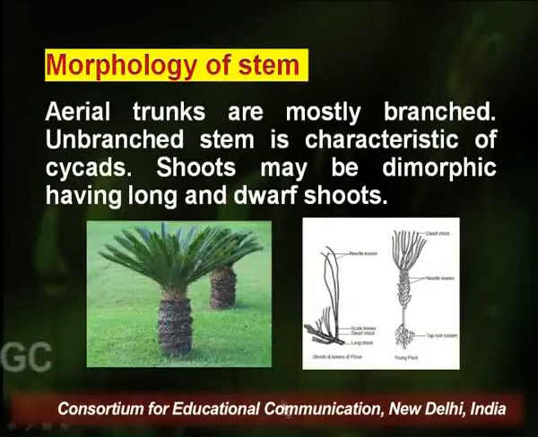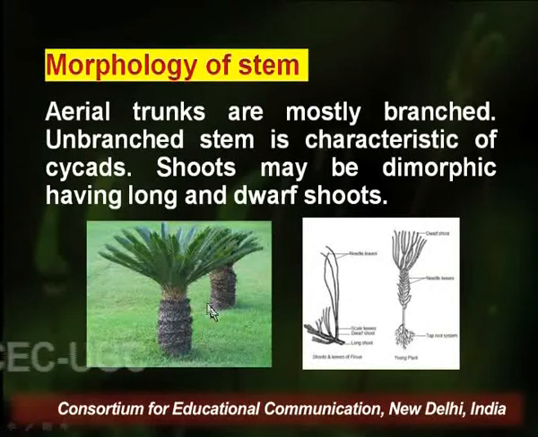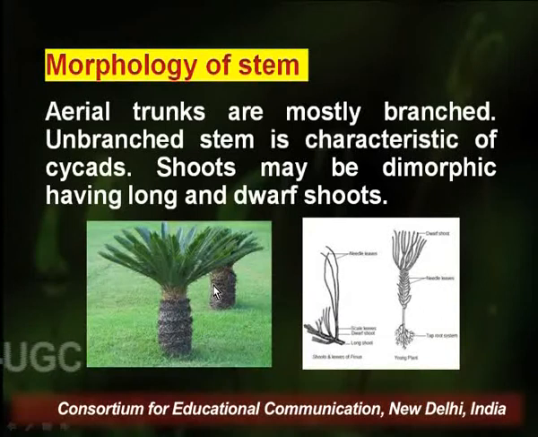The aerial trunks are mostly branched, but we do have many species of gymnosperms which have unbranched stems. For example, unbranched stem is characteristic of cycads. Where the aerial trunks are branched, the shoots could be dimorphic, that is, of two different shapes.